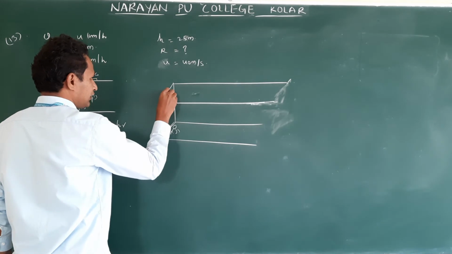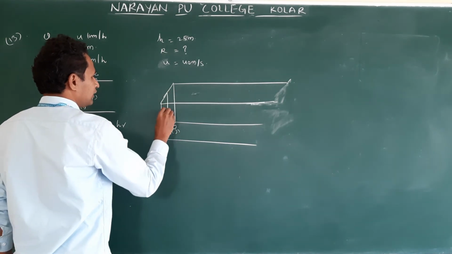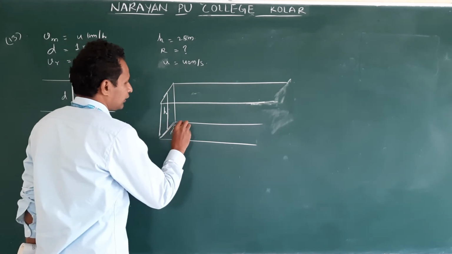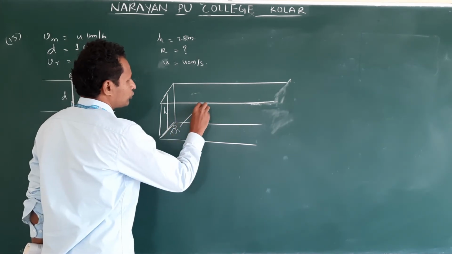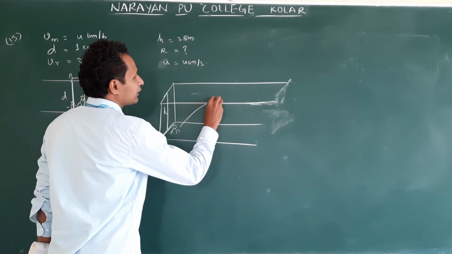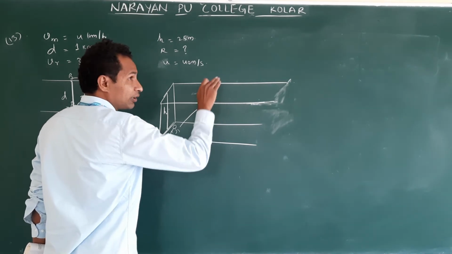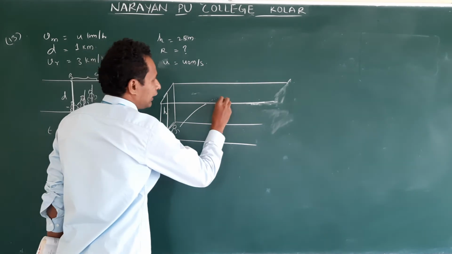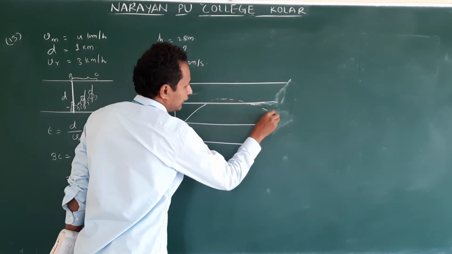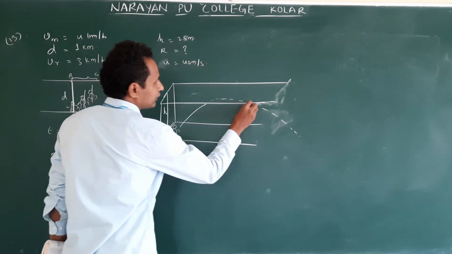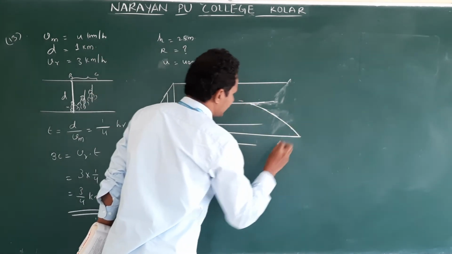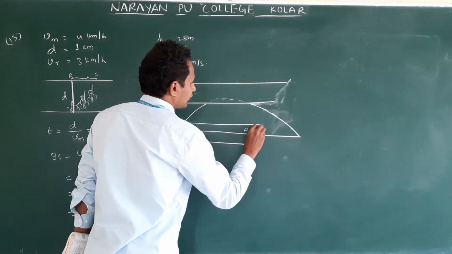I am writing here, this is the height of the hall. This is H. Clear? He throws the ball. It goes, it will not hit the roof, and it follows and falls like this. Understand? They are asking this distance. This R they are asking.